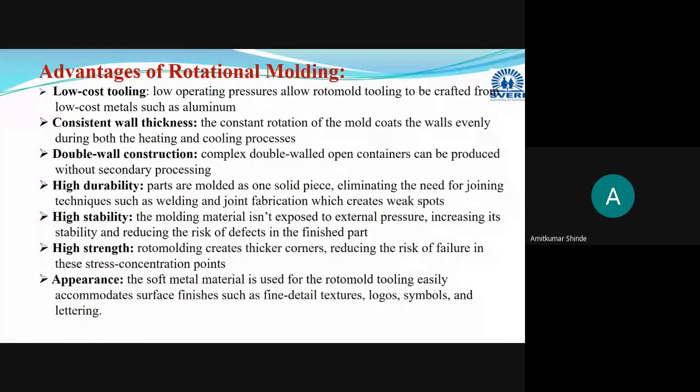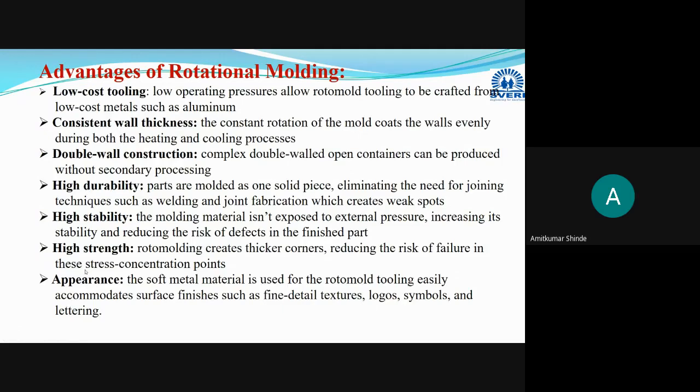Due to that, you can give a very good or attractive appearance to these components. So these are the advantages. Low cost of tooling, then consistent or uniform wall thickness, then double walled open containers can also be manufactured. Then whichever products are manufactured, they will provide you high durability, high stability, high strength, and very good appearance.